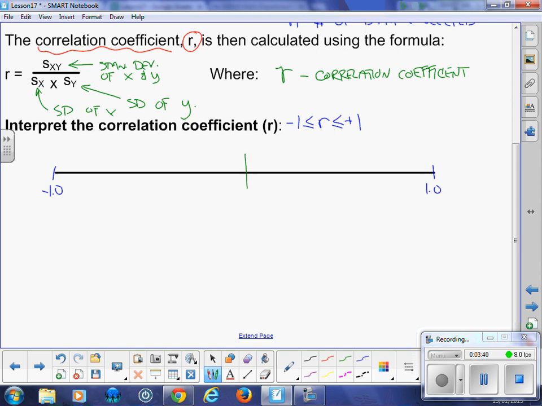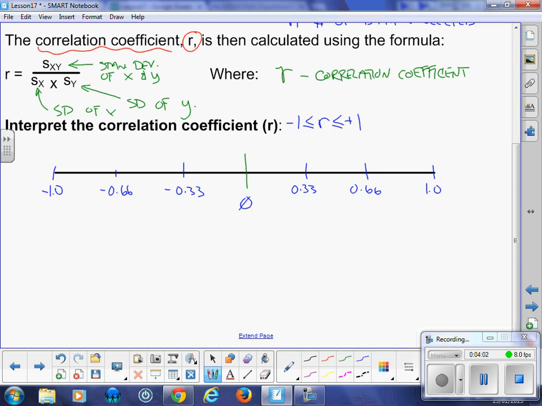In the middle, obviously, you have a value of 0. Then I'm going to increment this into thirds: 0.33, 0.66, and in the opposite direction negative 0.33, negative 0.66, so a third and two thirds.